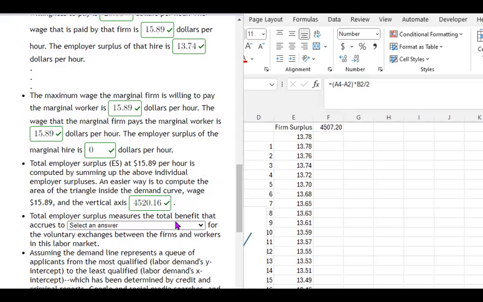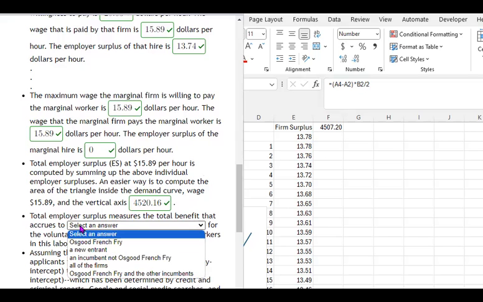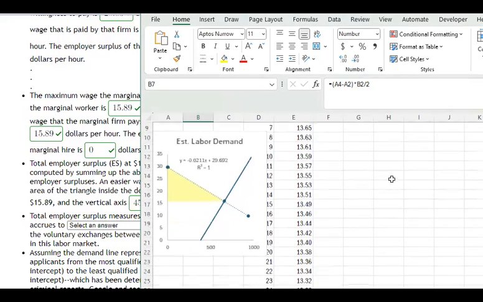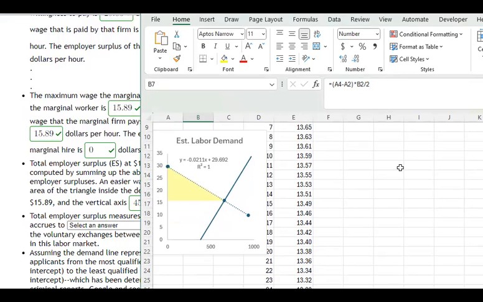Now, total surplus measures the total benefit that accrues to what? Initially, before the mass migration occurs, who, by assumption, populates these firms that hire all these workers? Who are the workers before the migration?